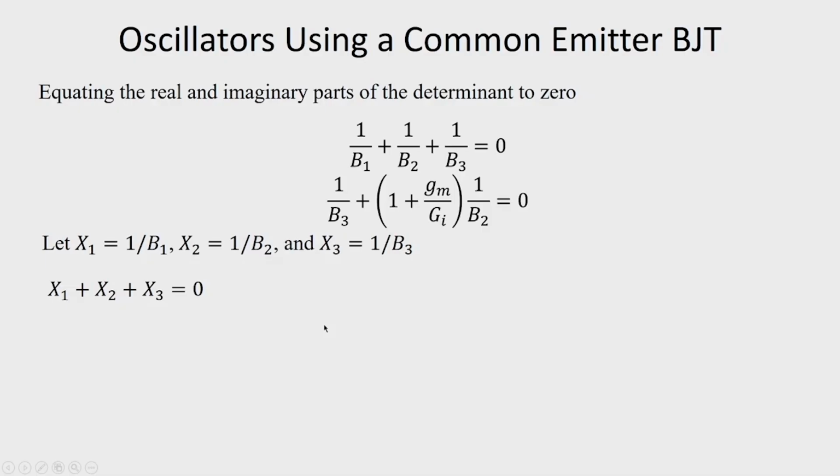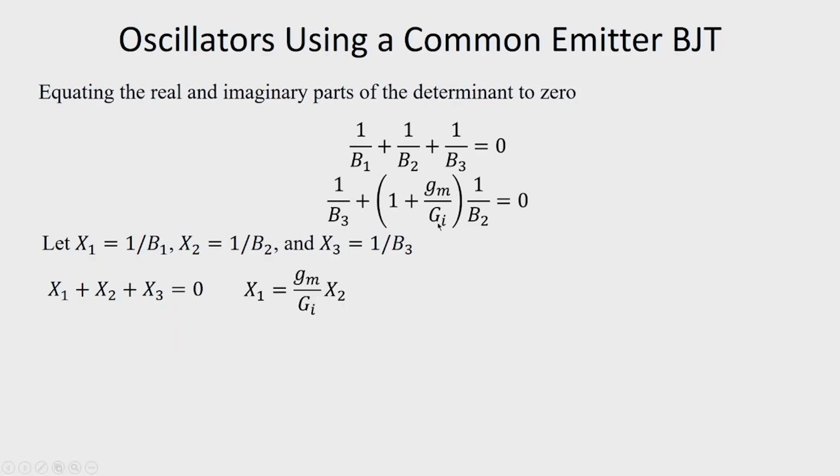Now, if we substitute x1 is equal to 1 by B1, x2 is equal to 1 by B2 and x3 is equal to 1 by B3, we have x1 plus x2 plus x3 equal to 0.